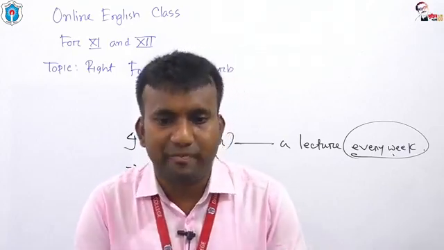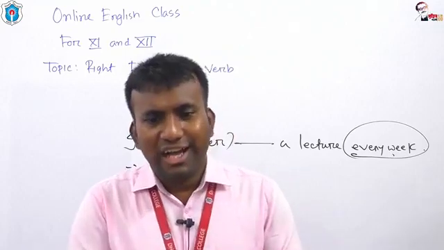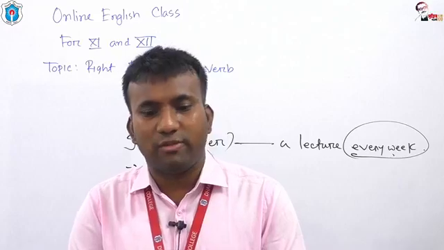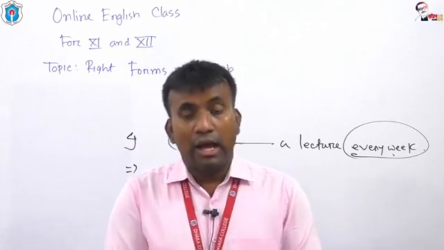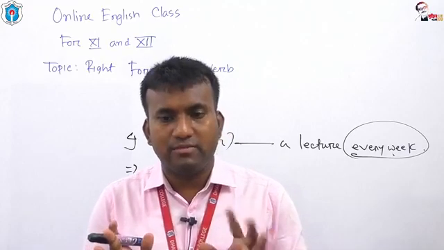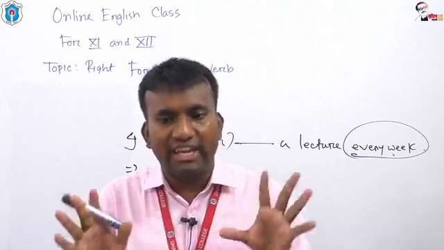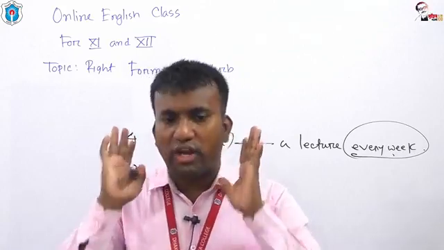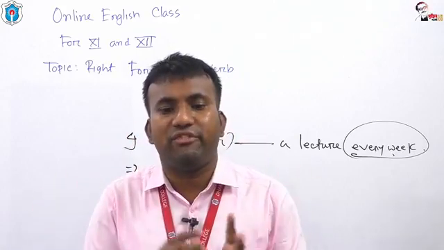So dear students, now I'd like to start with some rules and regulations of right forms of verb. I will have to cover all the rules and regulations of right forms of verb. Some are quite easy, some will be difficult, and I will try to cover every rule.